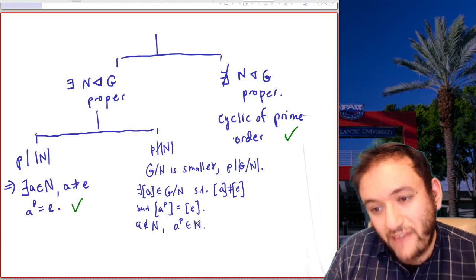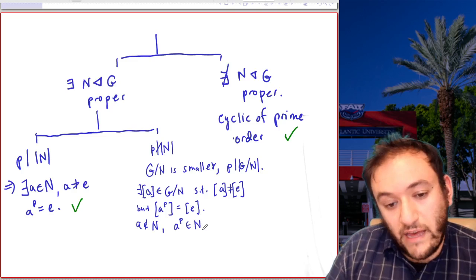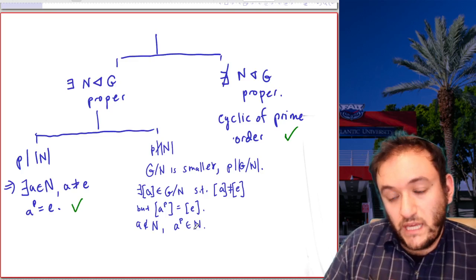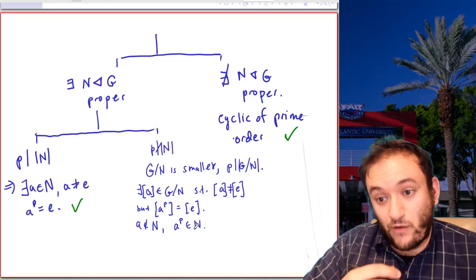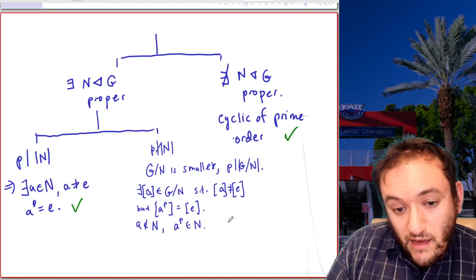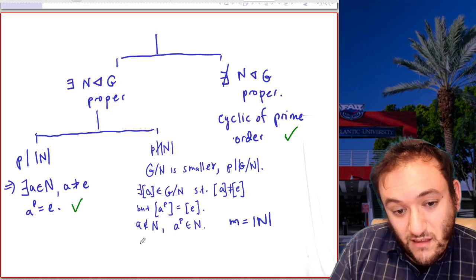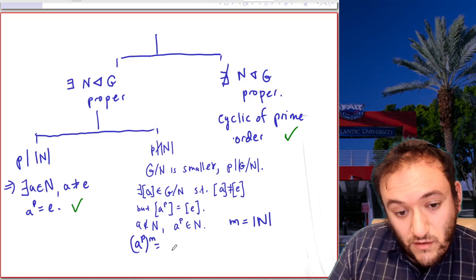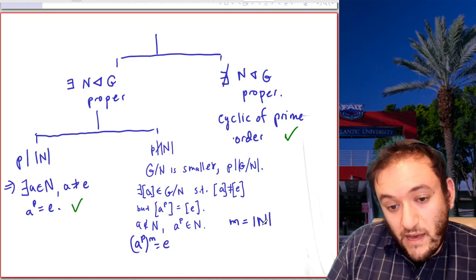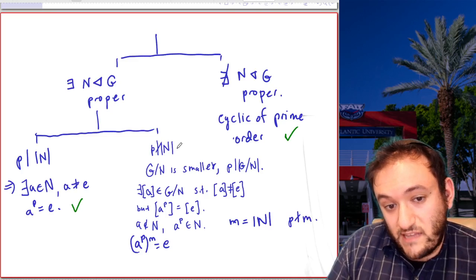So once we have that A to the P is in N, we know that given any group, if you raise an element to the power of the size of that group, you get the identity. So take m equal to the order of N. Then A to the P to the m equals E. And we know that P does not divide m, because that was stated up here.